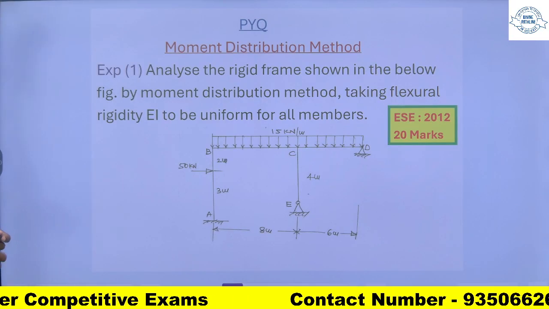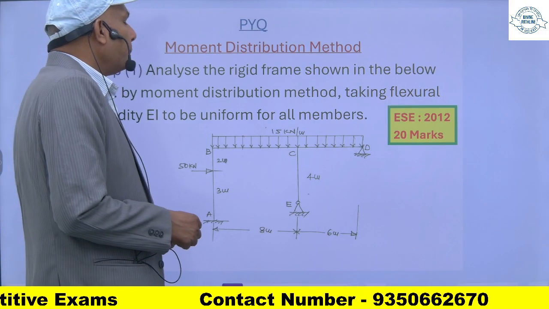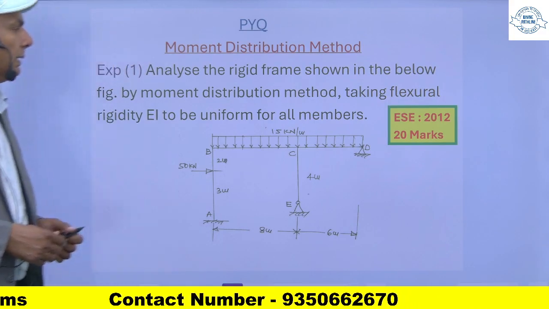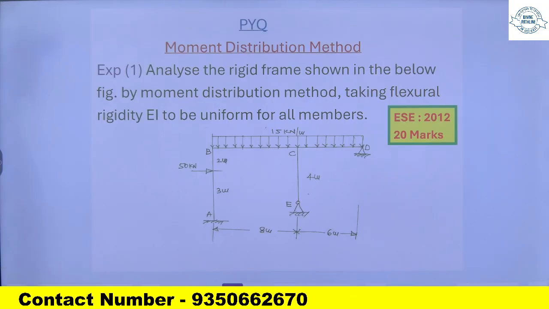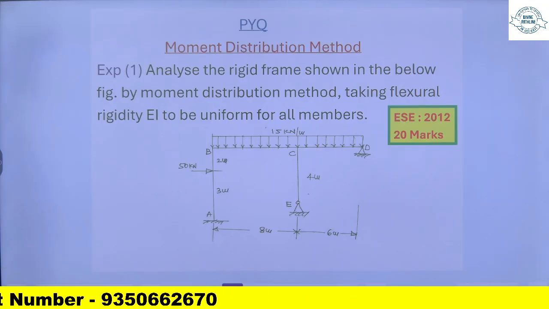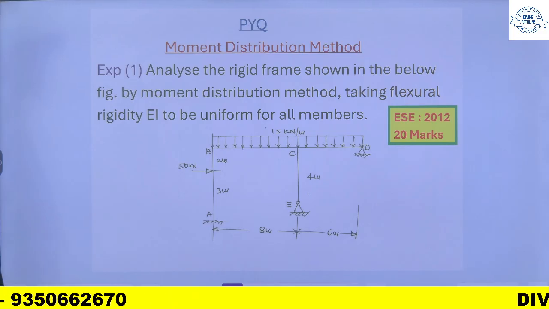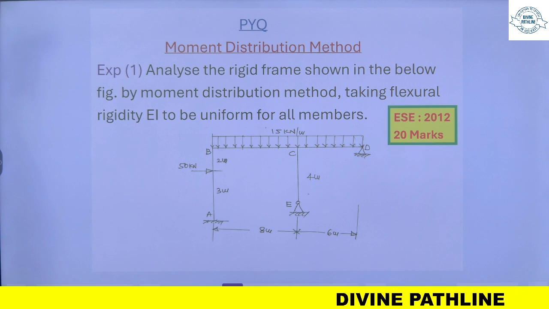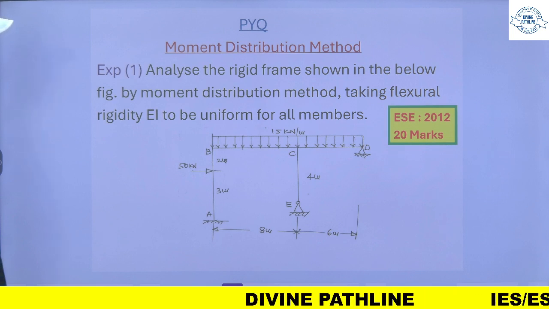This question came in engineering services 2012 and has 20 marks. Analyze the rigid frame shown in the below figure by moment distribution method, taking flexural rigidity EI to be uniform for all members.